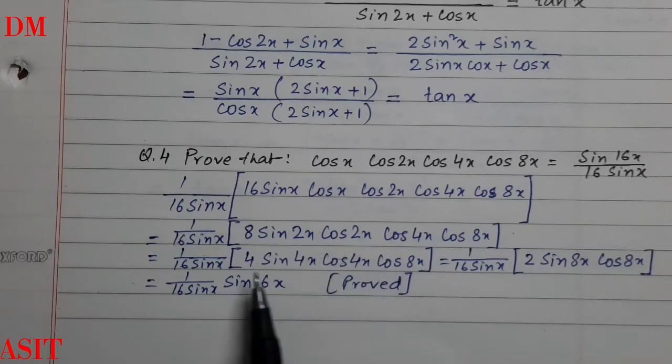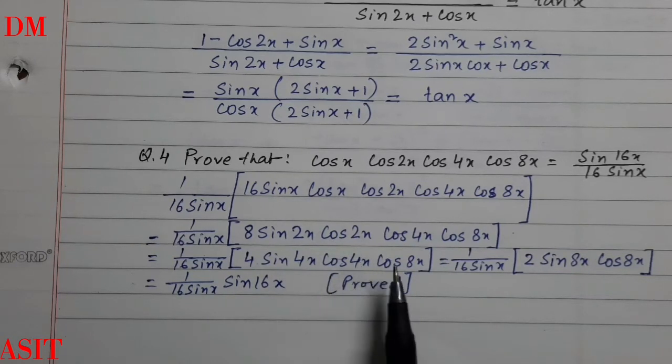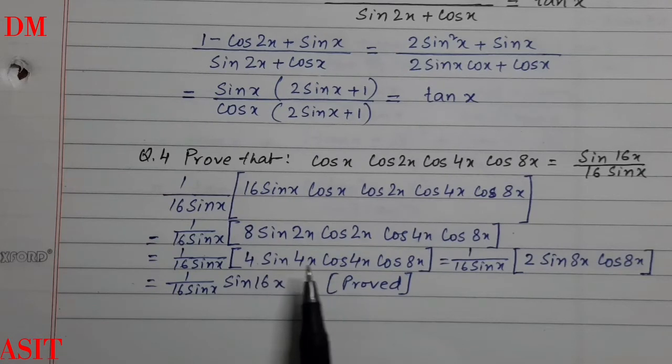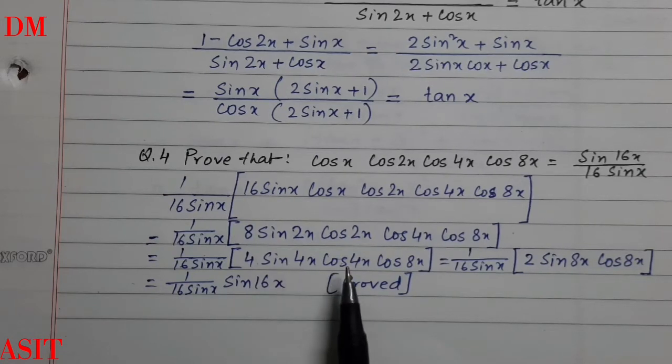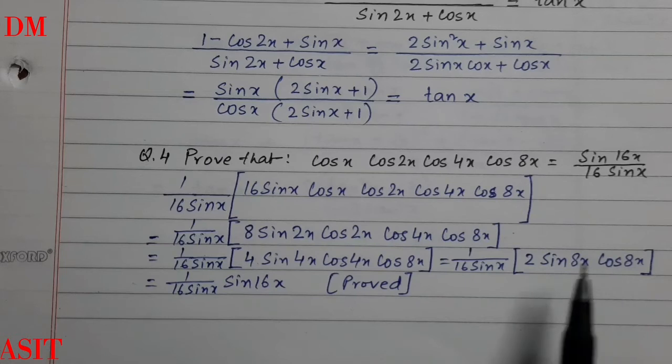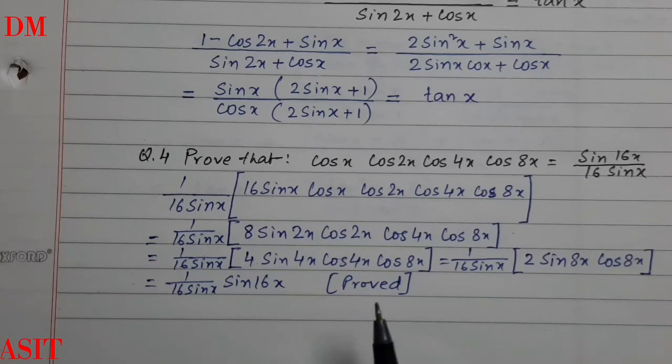So it will be 4 sin 4x cos 4x cos 8x. Now again from this 4 I will take 2. So it will be 2 sin 4x cos 4x will become sin 8x. As we can see here, 2 sin 8x cos 8x. Now this 2 sin 8x cos 8x will become sin 16x. Hence proved.